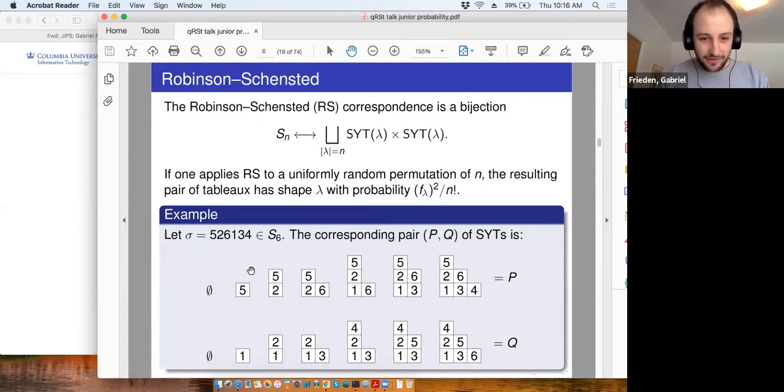So there's this famous problem of trying to understand the distribution of the longest increasing subsequence in a permutation, and this map is one of the key tools used to solve that problem. So the idea is that the longest increasing subsequence of a permutation corresponds to the length of the first row under Robinson Schensted.